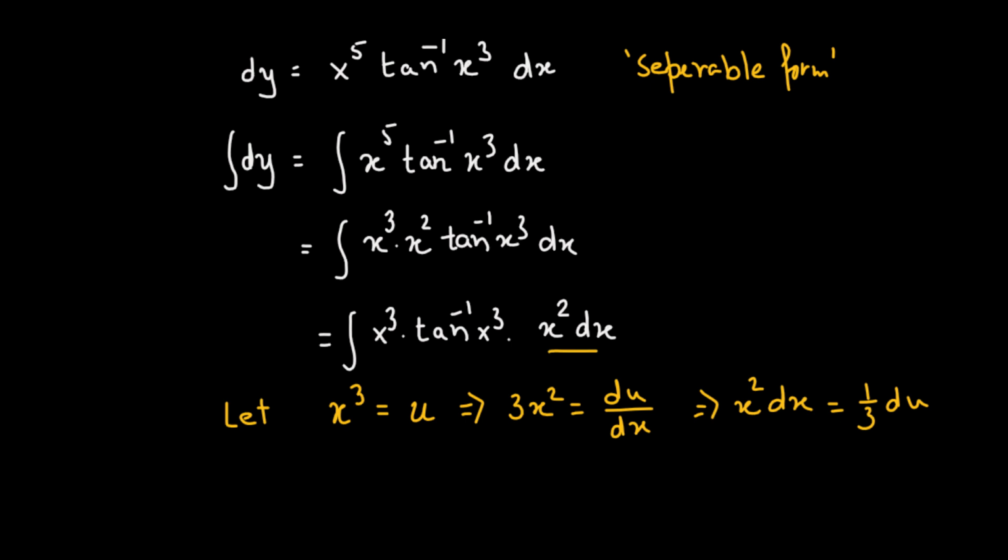So our integral now becomes y, which is the integration of dy, equal to the integral where x cubed becomes u, times tangent inverse u, and x squared dx gets replaced with 1/3 of du.